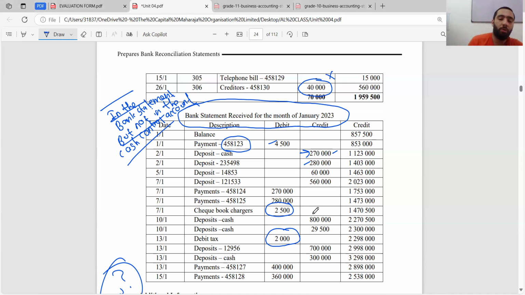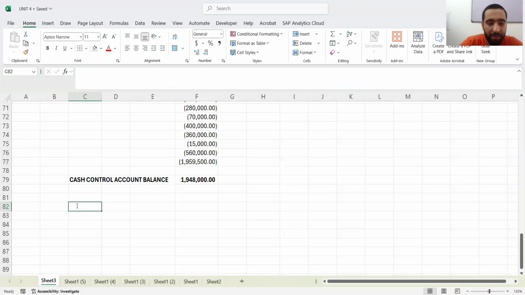Right. So what you have to do, very simple. Now you are going to the Excel sheet again. Cash control account balance is this, 1,948,000. And then what will happen to the bank charge?